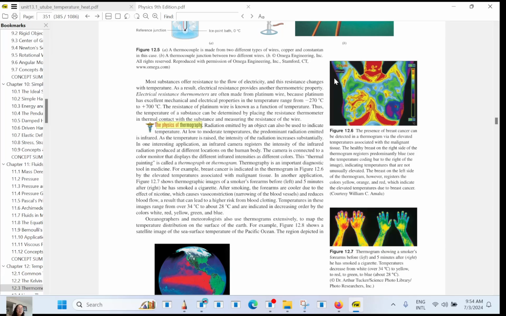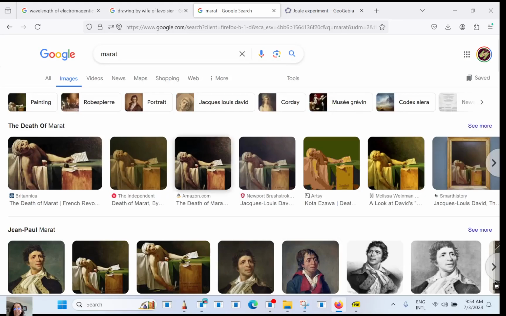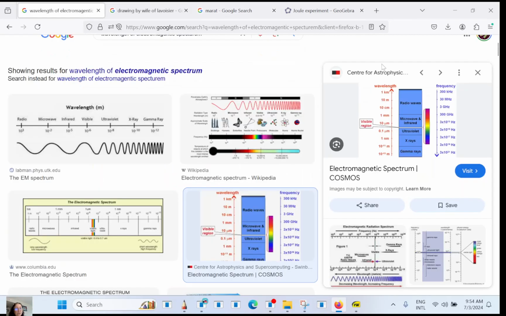If you use Wien's law, you will find that the peak wavelength for the human body will be in the infrared, about 10,000 nanometers. I don't have my tablet, but you use Wien's law.